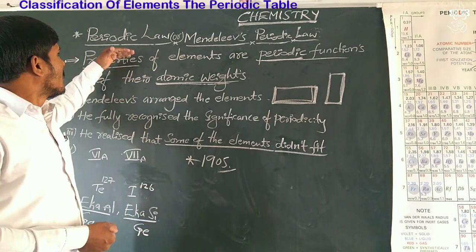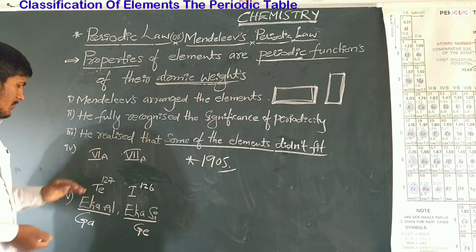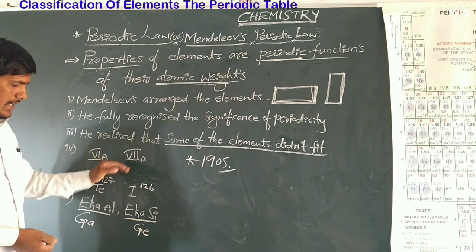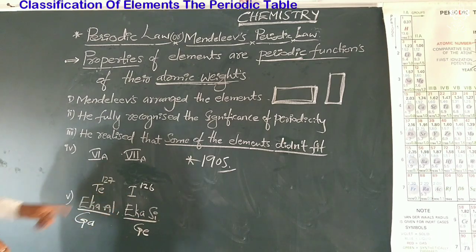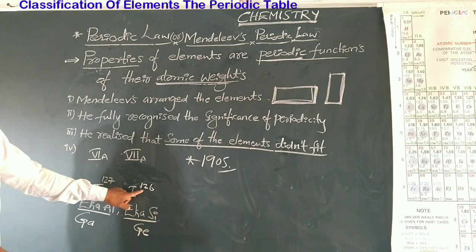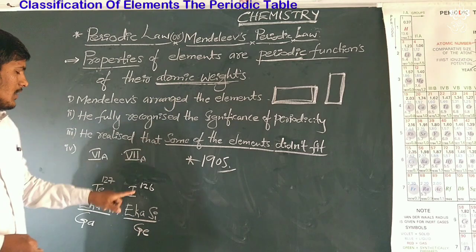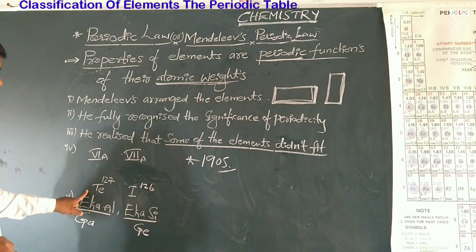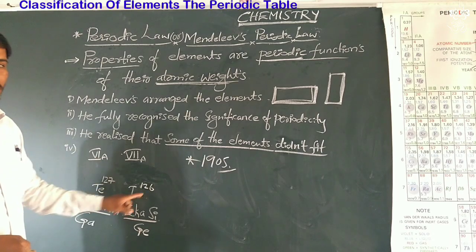According to the periodic law, for example, take 6th A group and 7th A group elements, that is tellurium and iodine. Tellurium has atomic weight 127 and iodine has atomic weight 126. According to atomic weights, iodine would take place in the 6th group and tellurium in the 7th group.